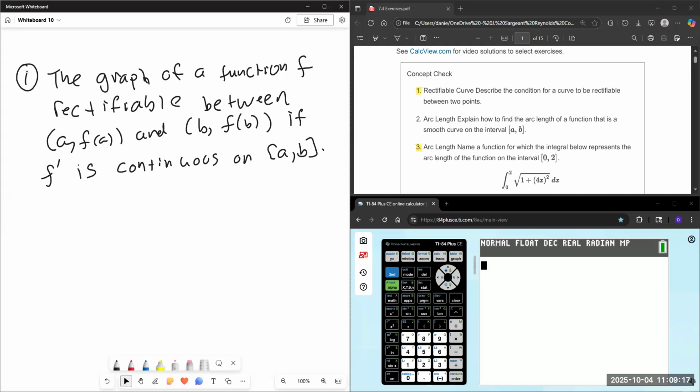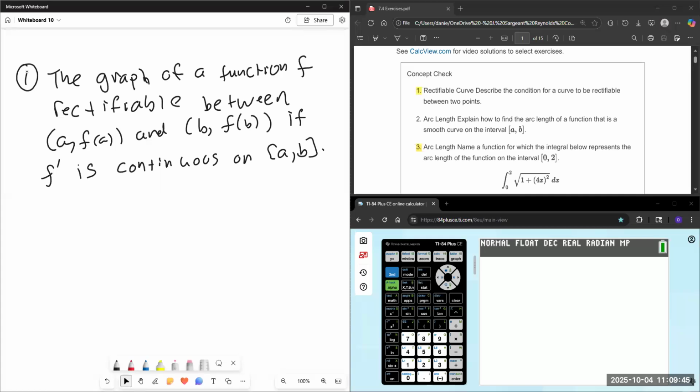So, long way to say that the function is continuous and differentiable on this interval, because we know that differentiability implies continuity, and that the function f prime is also continuous on the interval.